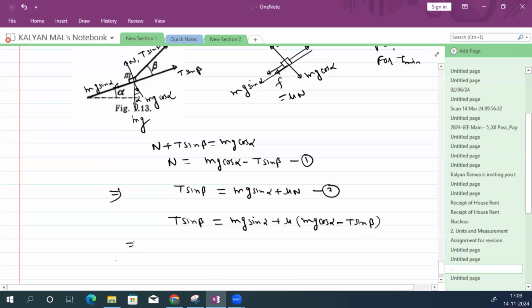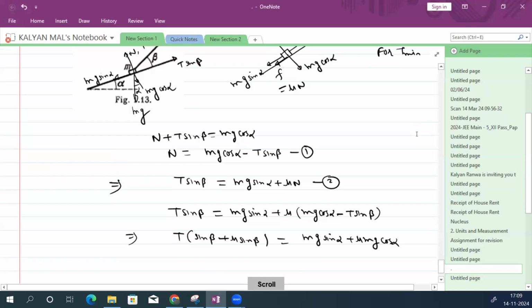First of all, here we will calculate the value of the T in the column of the beta. So take the T common: T sin beta plus mu sin beta equal to mg sin alpha plus mu mg cos alpha.